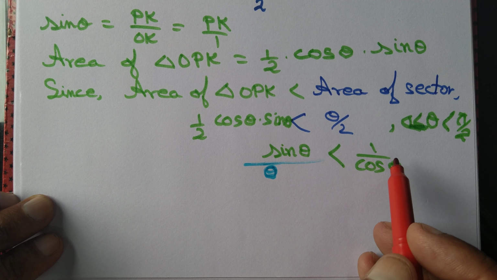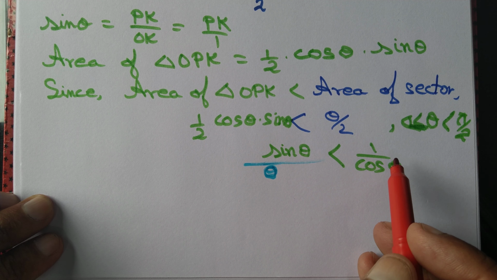How about the converse? Rather, how about showing that sin theta by theta is greater than or equal to something? In showing that sin theta by theta is less than 1 by cos theta, we used the fact that the area of sector is greater than or equal to the area of triangle.